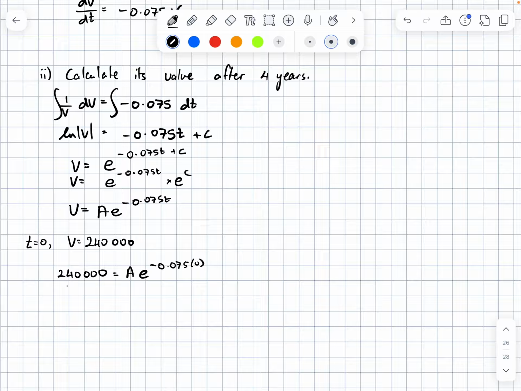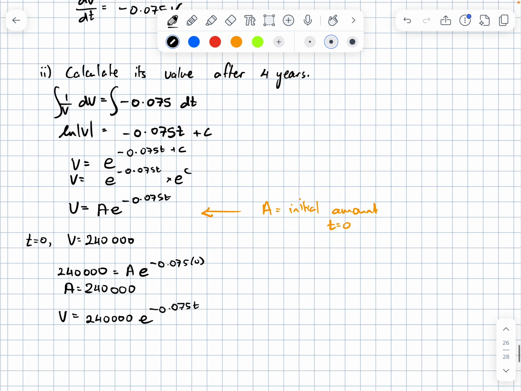That means we have e to the power of 0, which is just 1, which means A equals $240,000. Which means we get V equals 240,000 e to the power of negative 0.075t. When we have an equation in this form here, A is always equal to the initial amount, which is when t equals 0.